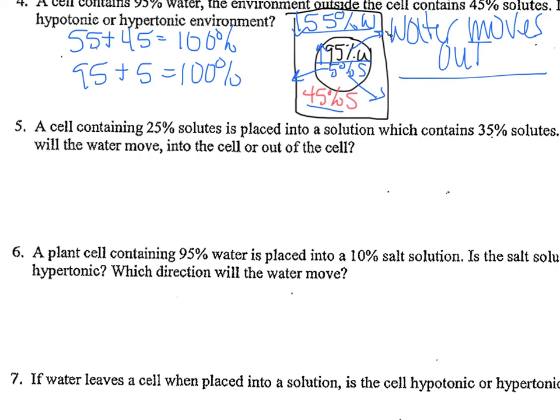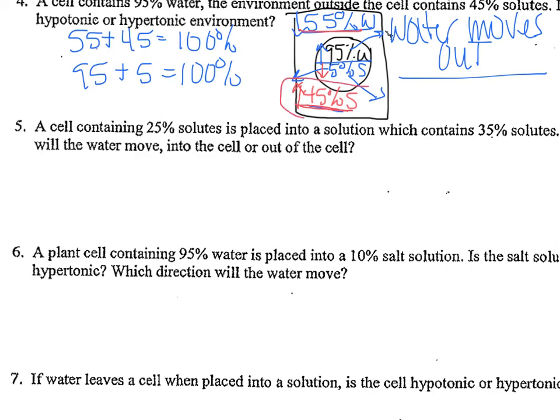And now we want to know, is the environment hyper or hypotonic? So we look on the outside. This is pretty easy. We look on the outside and we have 45% solute, and that is higher than our 5% solute. Or we can just look at that is high, and because this is low, it's an inverse relationship once again.